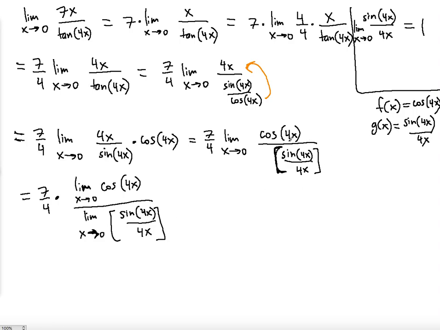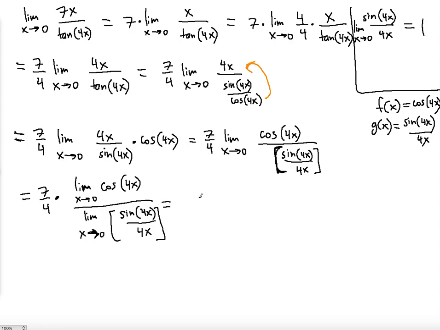Basically, the limit of the quotient is the quotient of the limits if both limits exist, and they both exist, and the bottom limit is not equal to 0, which is great. It's equal to 1.